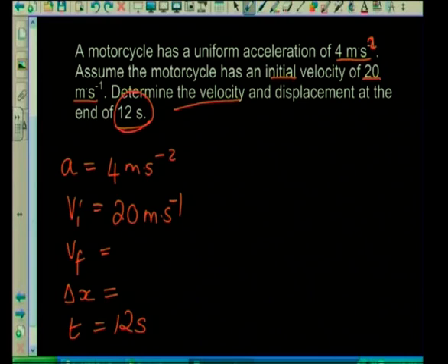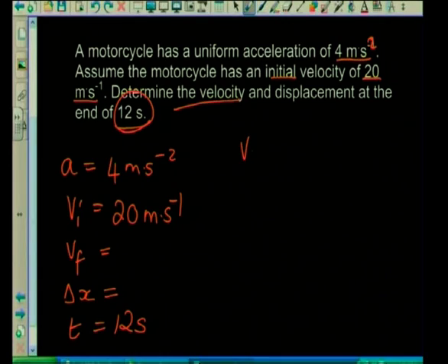Okay, well, let's start with the easy one. We want VF, and we would go back to our list. We tick off what we know, and we're starting to learn the equations now. So I realized that I would need to use VF equals VI plus A delta t because it doesn't have displacement in it.